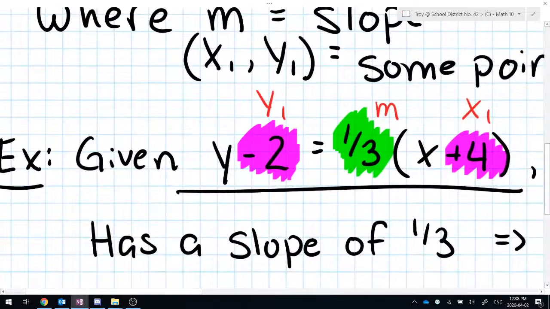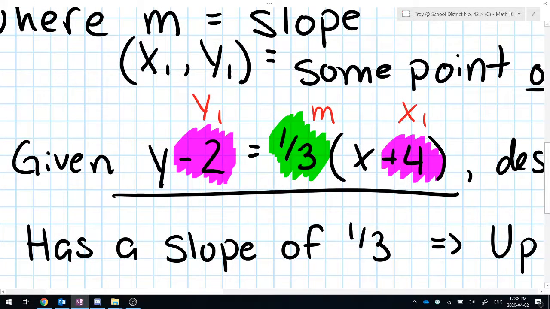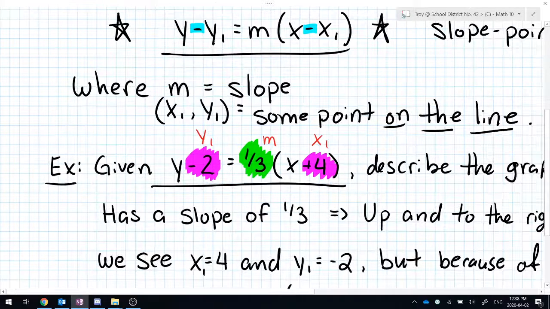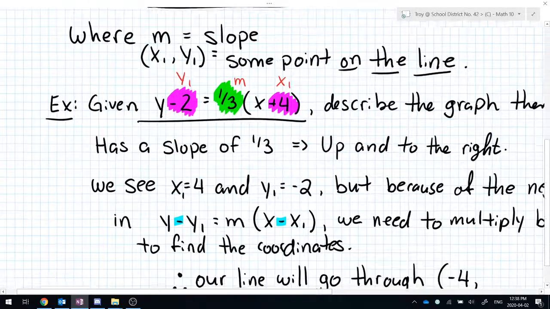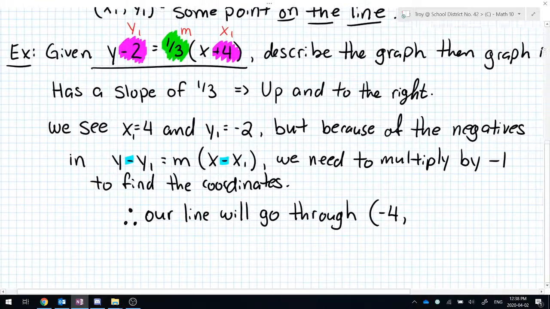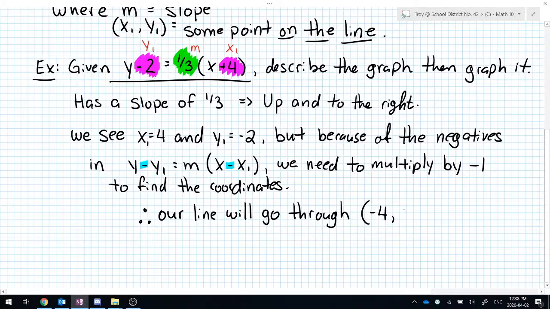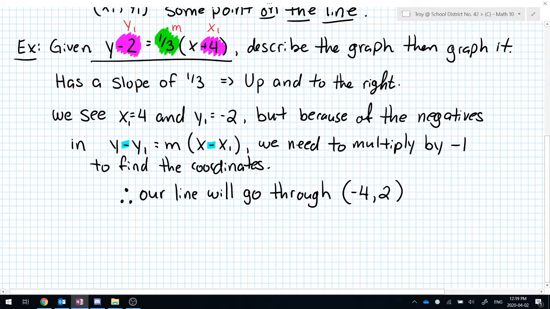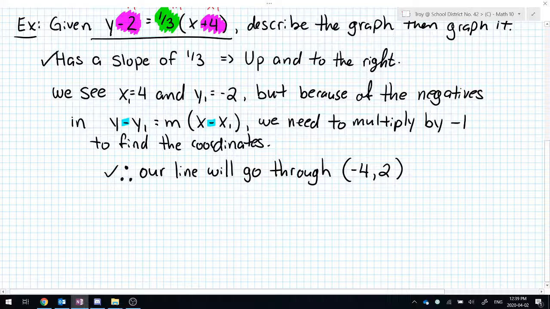And likewise for y1, because it's y minus 2, y1 is minus 2, so we switch that sign as well, and it's going to go through the point positive 2. Okay, so we can graph that pretty easily. We know that we have a slope of 1/3, and it has a point at negative 4, positive 2. So now we have enough information to graph our line.